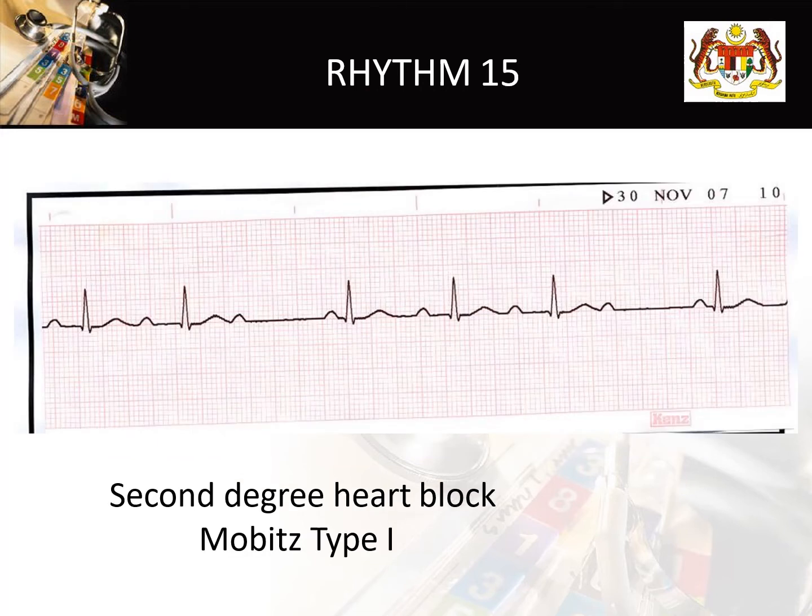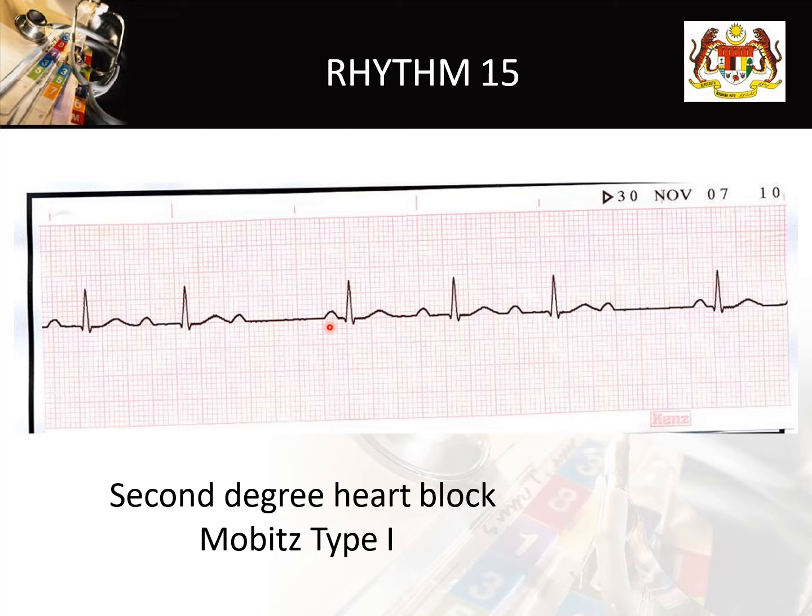Okay, this is the ECG of second degree heart block, Mobitz Type 1. The most important characteristic of Mobitz Type 1 second degree heart block is progressive lengthening of the PR interval.